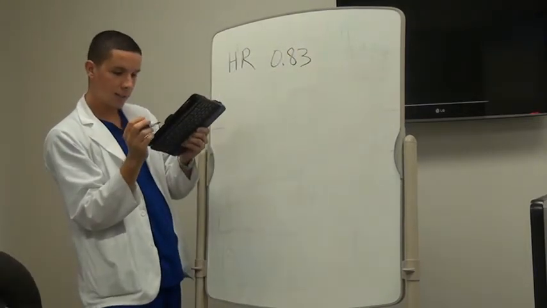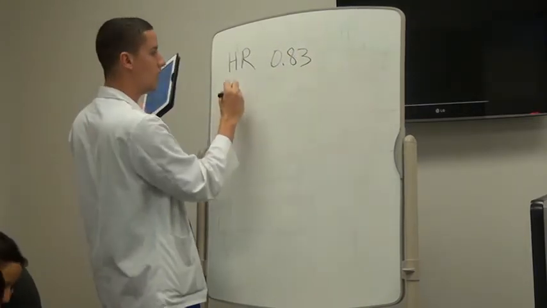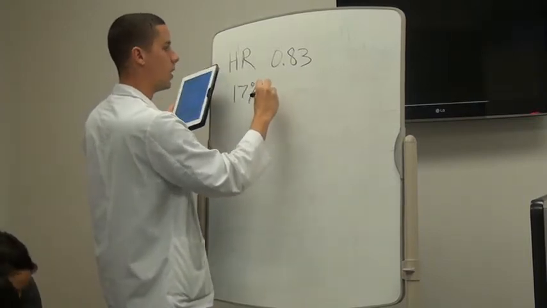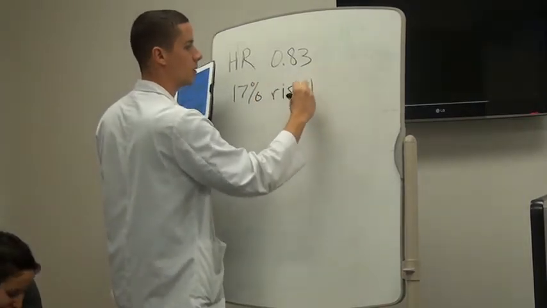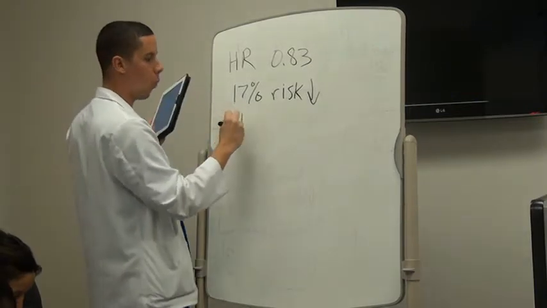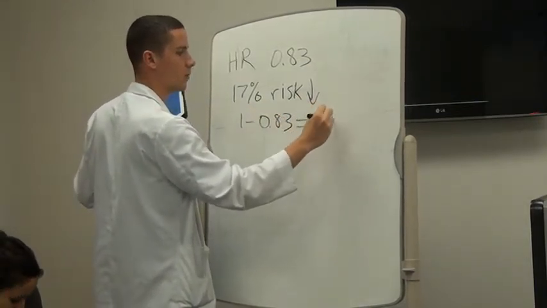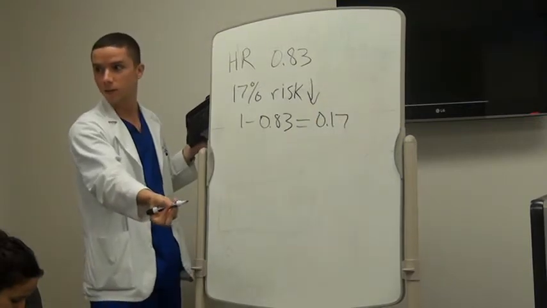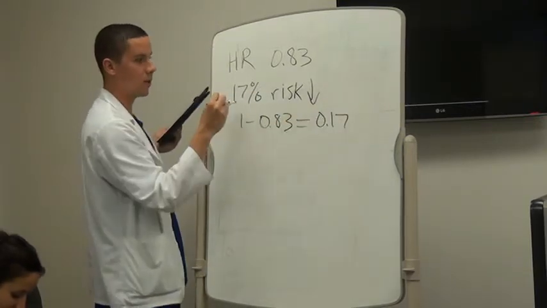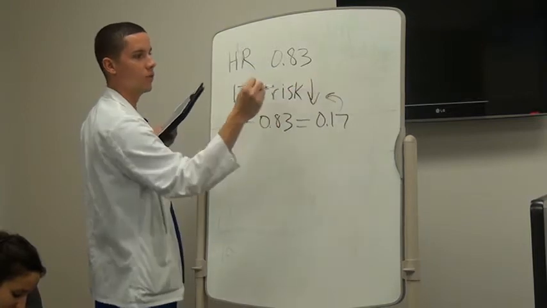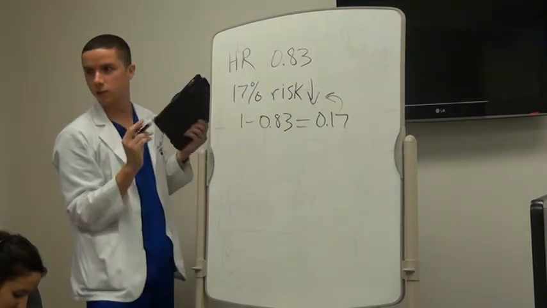In the line it says corresponding to a 17% risk reduction. So 1 minus 0.83, everybody agrees, is 0.17, right? So this times 100 gives you the percent risk reduction.